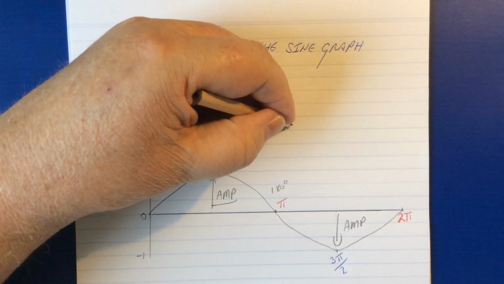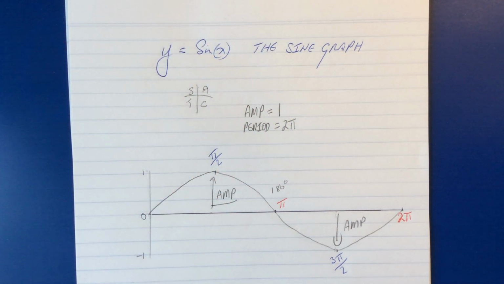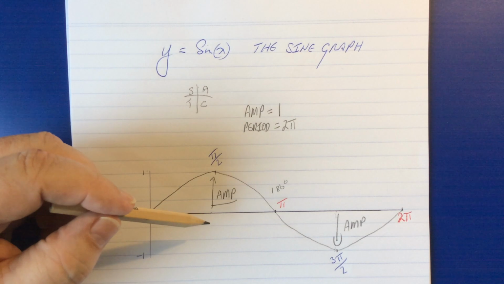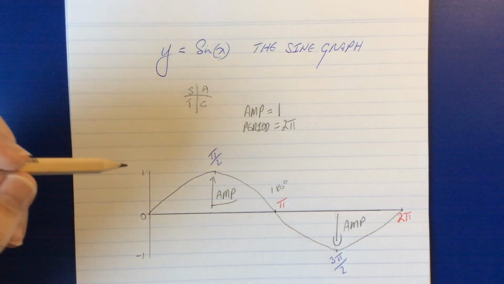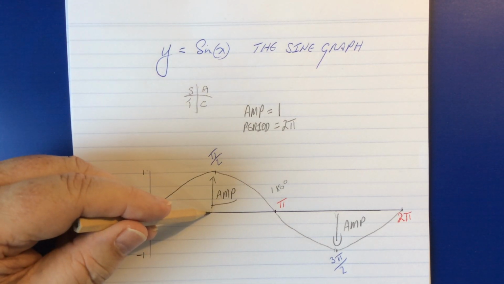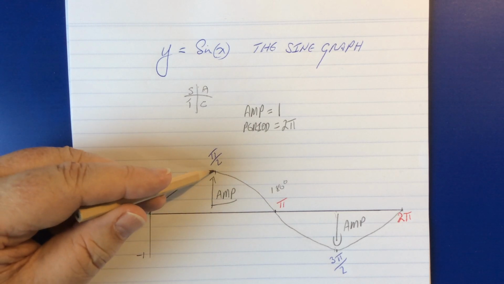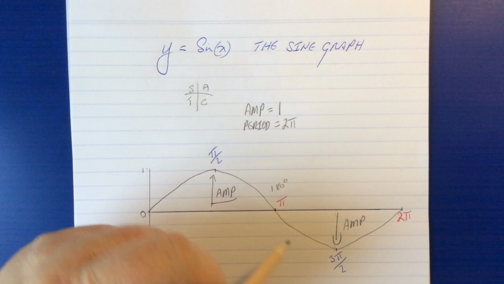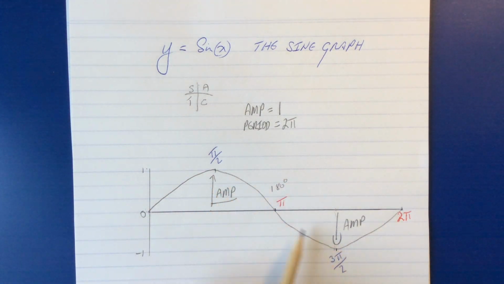And in this case, it equals 2 pi. So we have amplitude, which is the distance from, in this case, the x-axis to the maximum point of the function, or the minimum point of the function, because these things are also symmetrical.